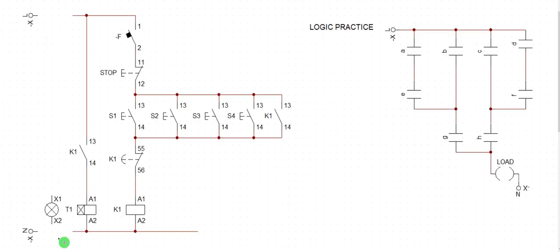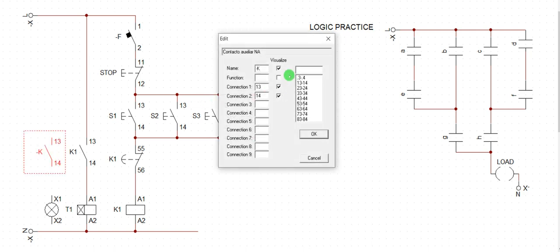That lamp is to give us a signal telling us that the contactor or the machine is in a closed mode. Okay. So what we're going to do now is create another contact for the contactor. It's going to be a K1.